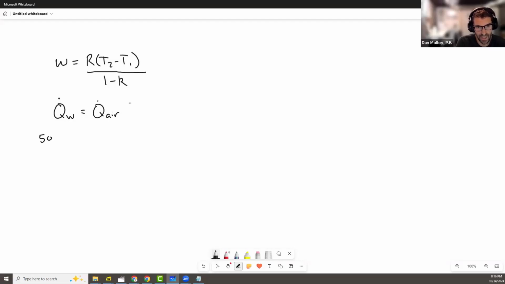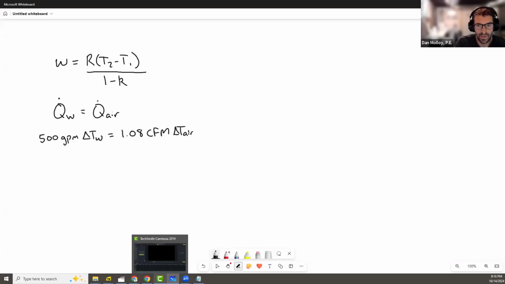So for the water side, I wrote 500 GPM delta T. And of course, that's the delta T for the water, so we can use a subscript there to distinguish. And I set that equal to the sensible heat that goes into the air, which is 1.08 CFM delta T. And we can call it delta T air.